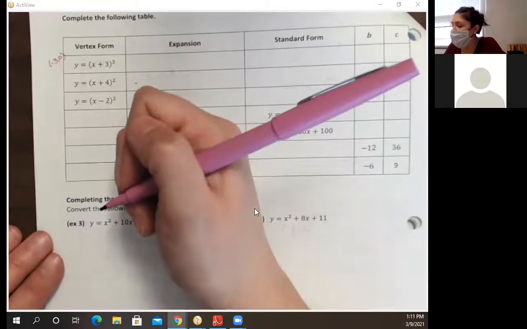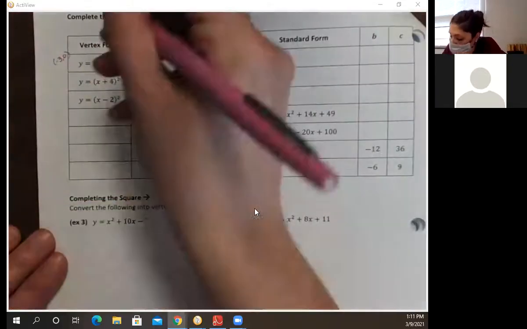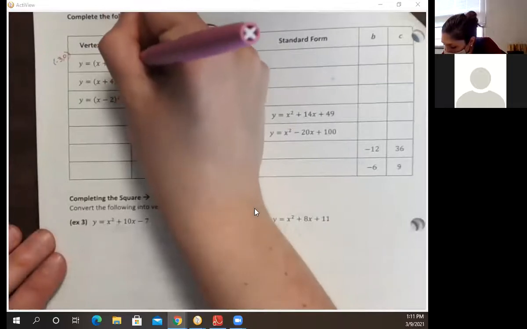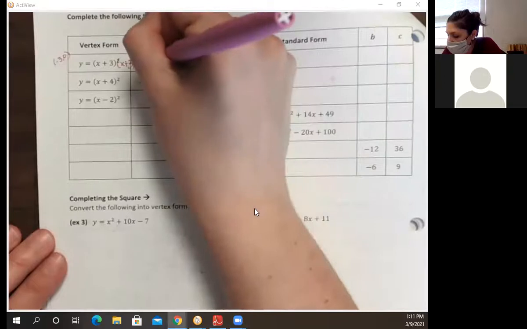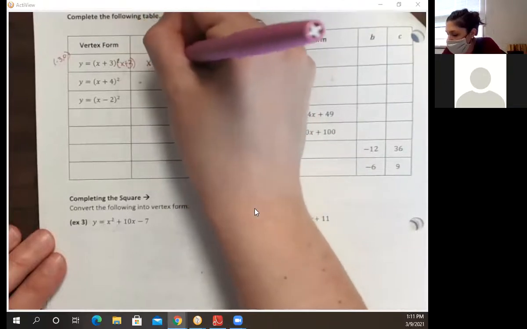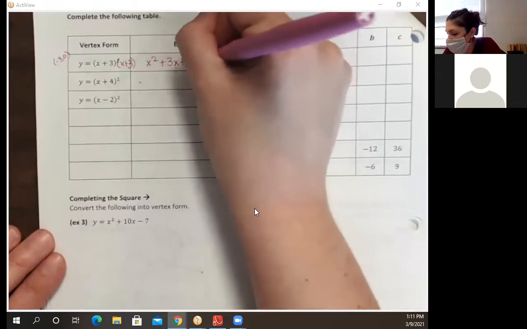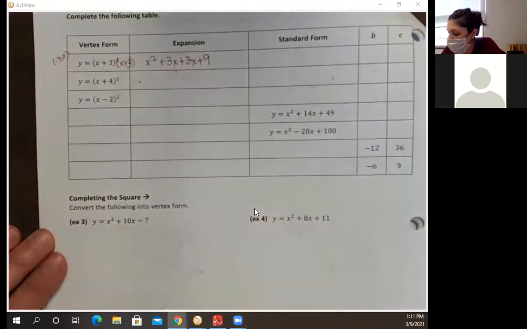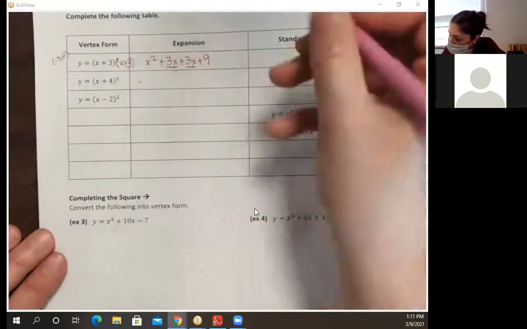That's okay. We want to convert these to standard form. So where I have x plus 3 squared, I need to write another x plus 3, and then distribute. So I would get x squared plus 3x plus 3x plus 9. For standard form, I need to combine my like terms.